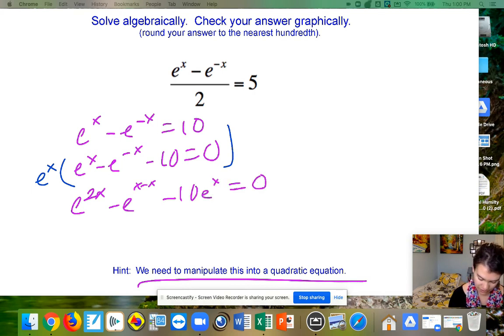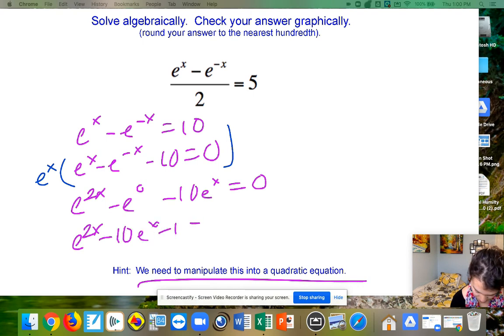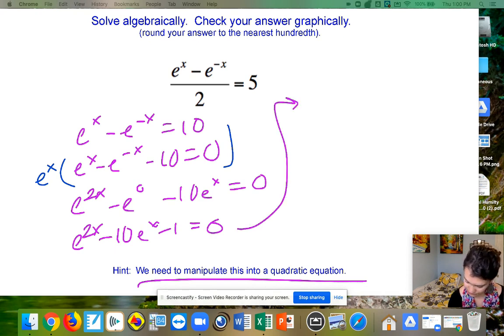So this one right here is going to become e to the 0 because x minus x is 0. And then e to the 0 is just 1 because anything to the 0 is just 1. So we end up getting e to the 2x minus 10 e to the x minus 1 equals 0. This one you can't factor, so you have to do the quadratic formula.